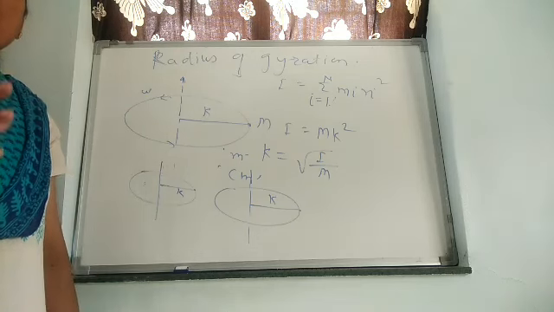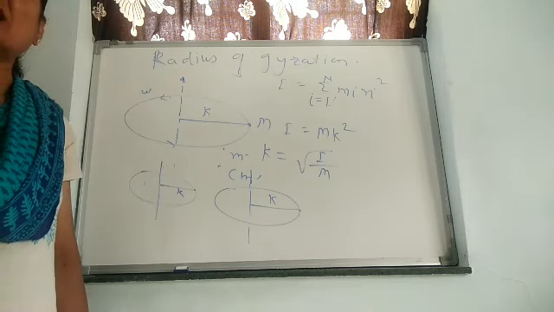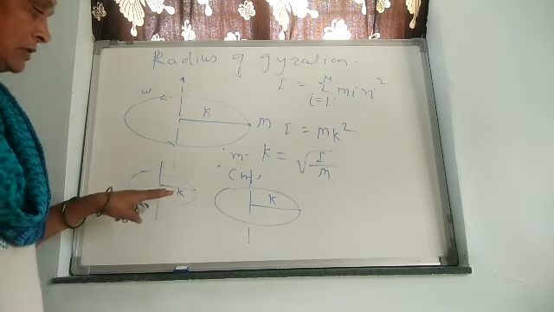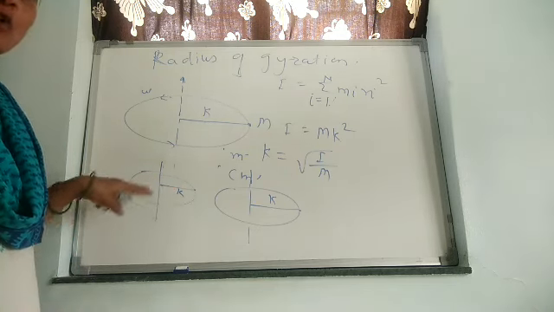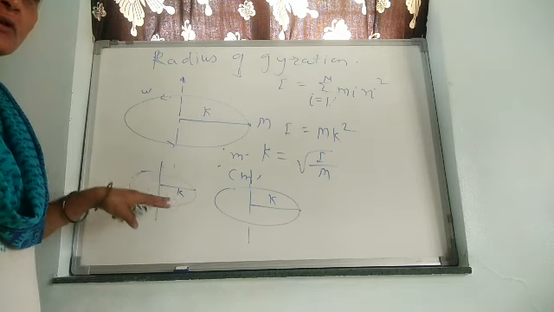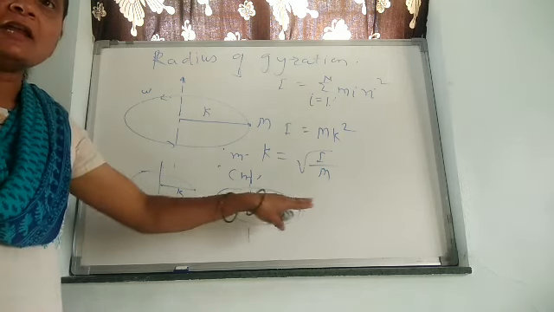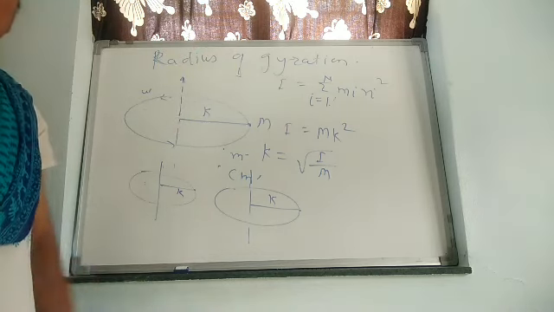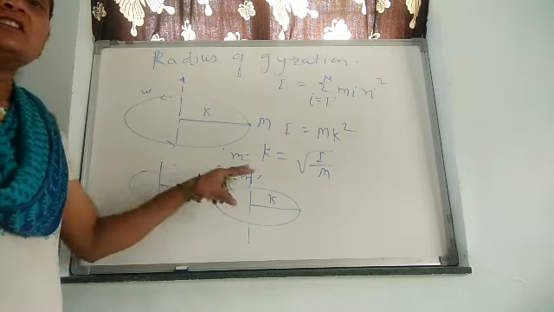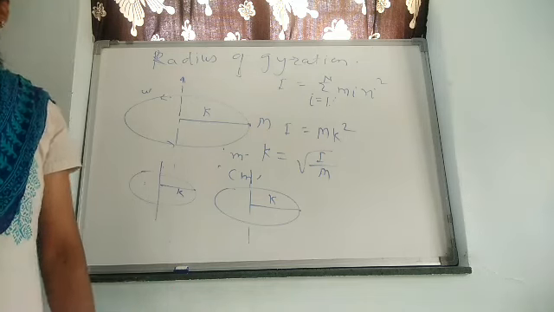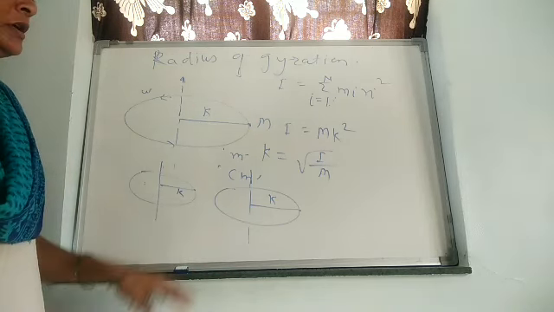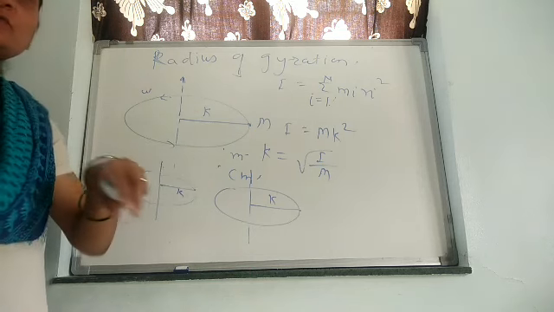It depends upon the distribution of mass about the axis of rotation. A small value of k means the particles are distributed close to the axis of rotation, having small moment of inertia. A large value of k means the particles are widely distributed from the axis of rotation, having large moment of inertia. You have to remember its definition, its application, and its formula.